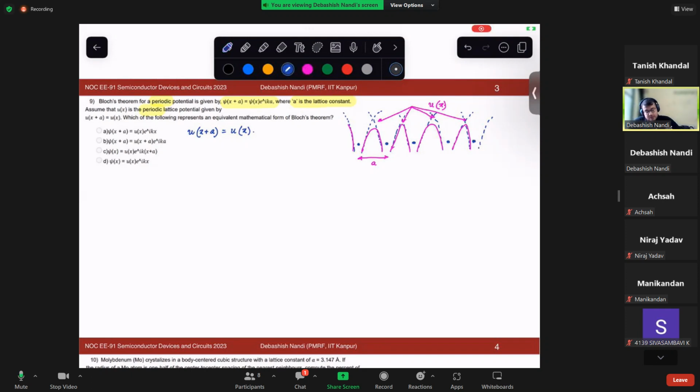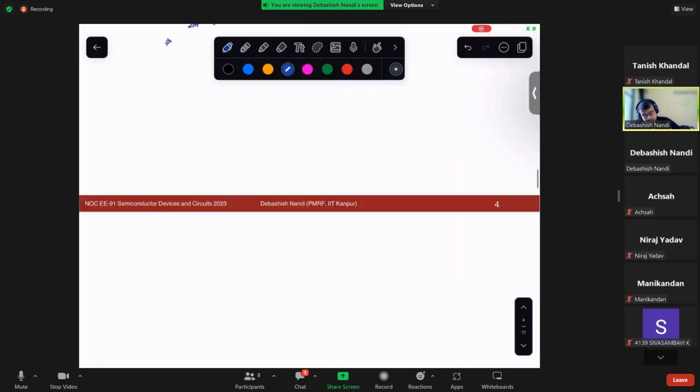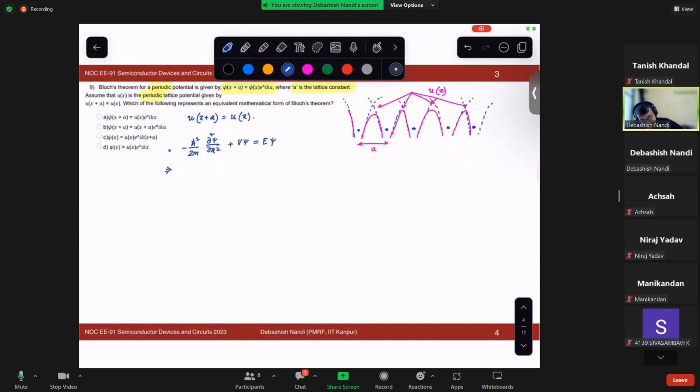Now I wanted to make one point clear. Let's start with the Schrodinger equation: minus h-bar squared by 2m, d squared psi by dx squared, plus V psi equals E psi. This is very well known to us. Now let us simplify it.